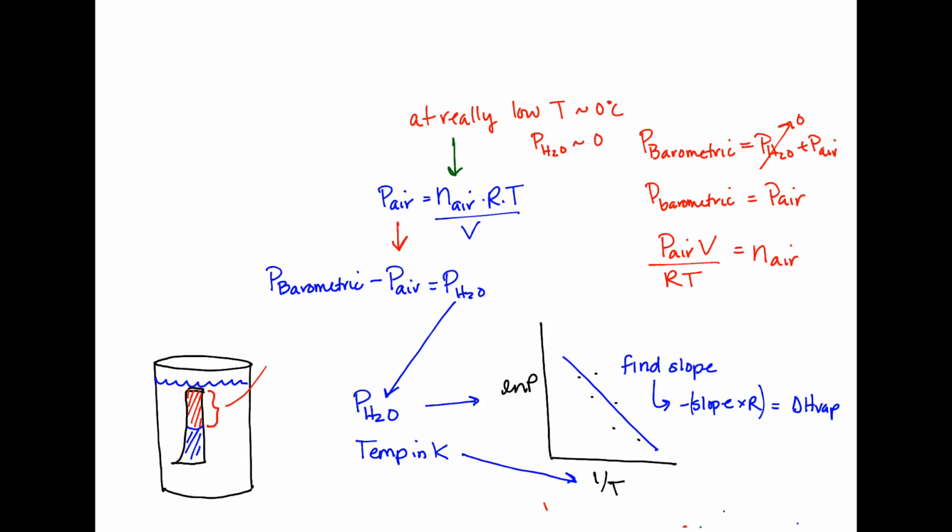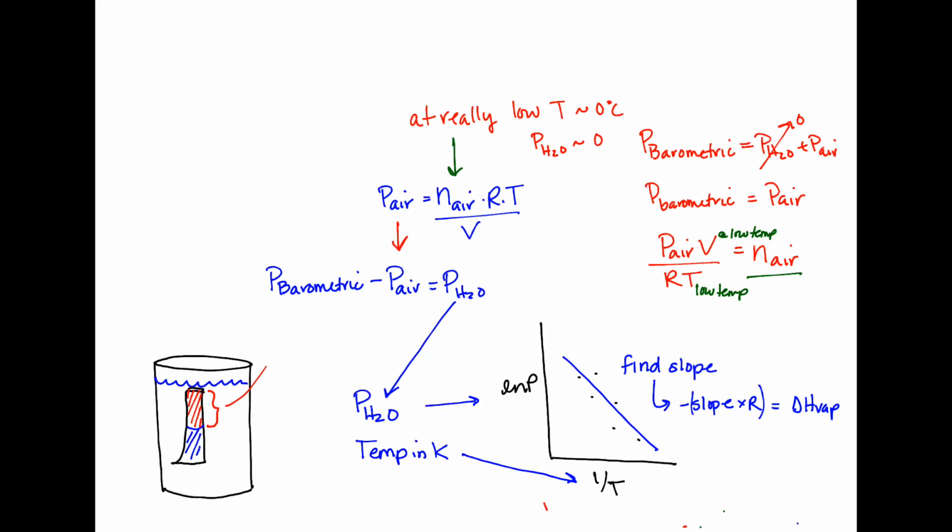So here, we can use the ideal gas law as long as we're taking the temperature that's close to 0 degrees C and the volume when the temperature is close to 0 degrees C. So those would be your lowest data points. As long as you do it at that low temperature, you can calculate the moles of air.